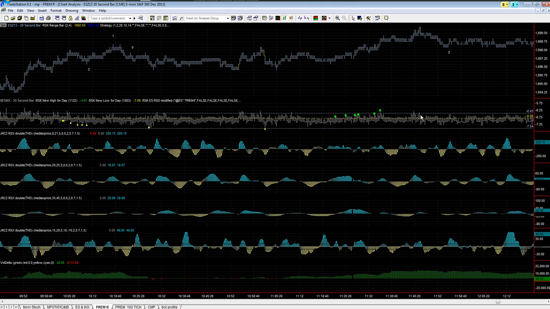Likely this market will come down because of that. However, if it's going to continue to move down, the lows need to move down toward that lower threshold. Do they? No, they don't.